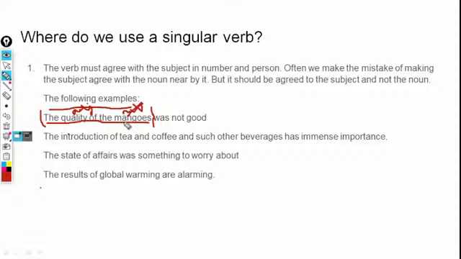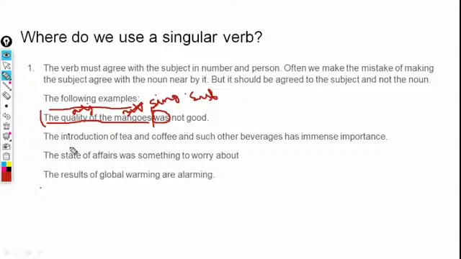That is why, and here the subject is singular, right? It is a single subject. Singular. So that is why we have written was, because was is the singular past tense of the be verb.